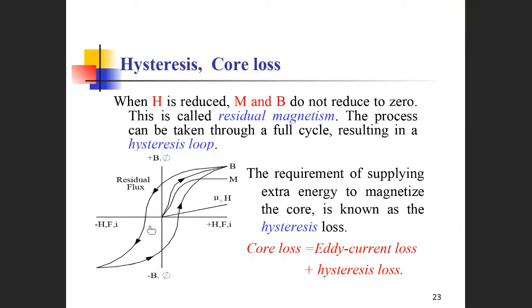What happens? Looking at these diagrams, if this is a new material, at the beginning there is no magnetic flux produced because no current is applied. If the current is zero, the magnetic field in it is zero.